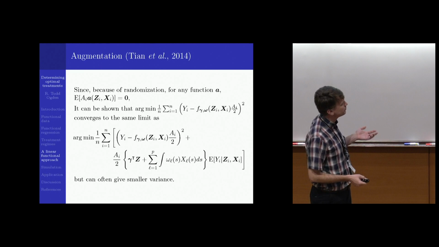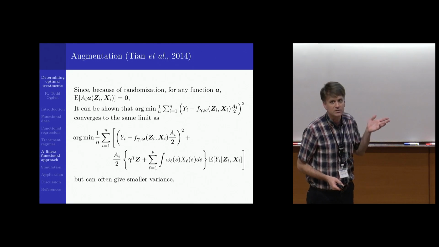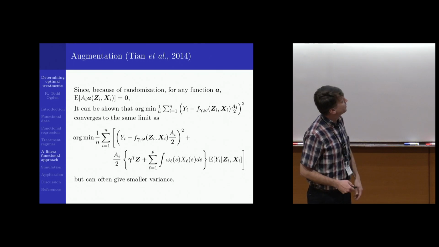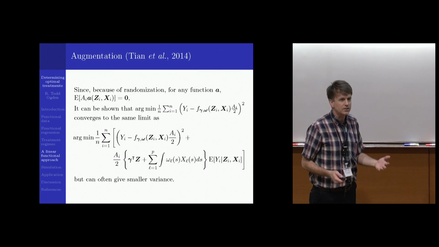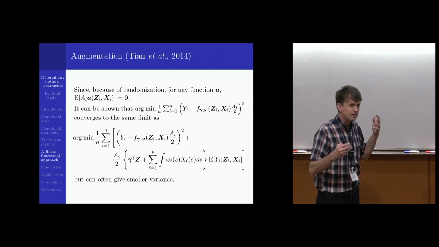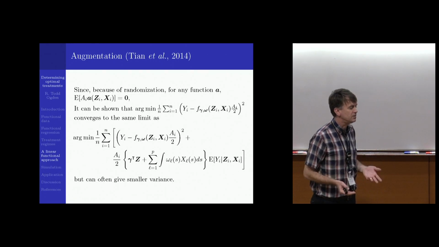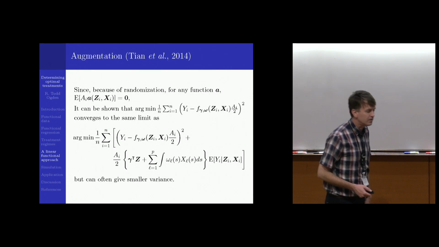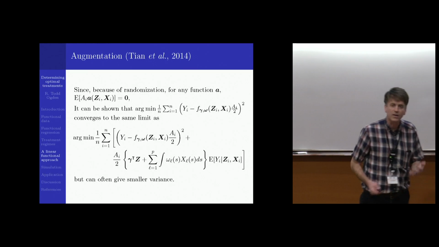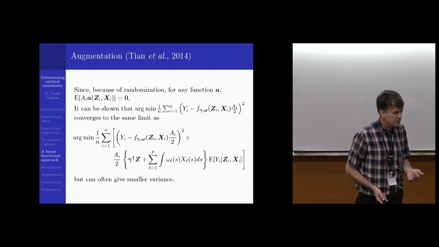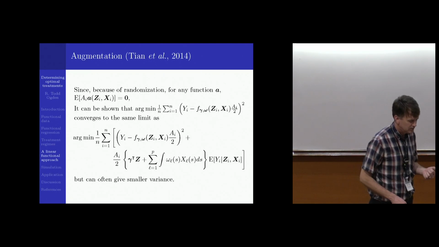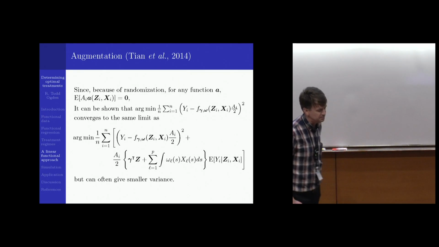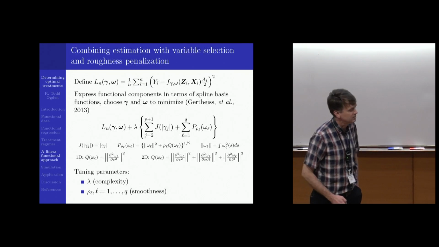So I can throw that into the function that I'm trying to optimize over, and it doesn't change anything asymptotically in terms of the estimates, but it does change the variance. I said to forget about estimating that main effect term, you don't need to do that. But if you can estimate it well, then you can get more efficient estimators by throwing it back in. It's a question of how well you think you might be able to estimate those. So this is augmentation, and you guys probably know this.